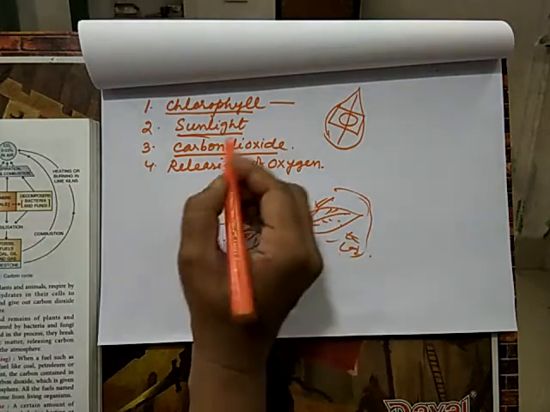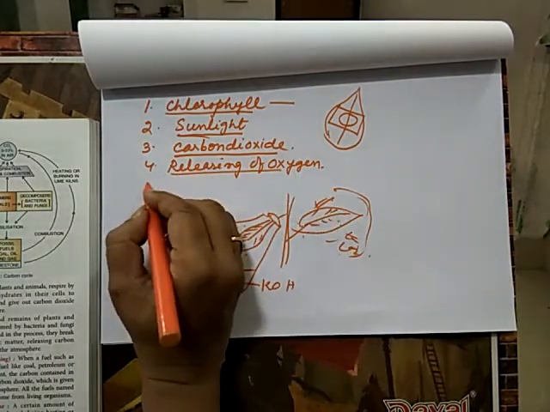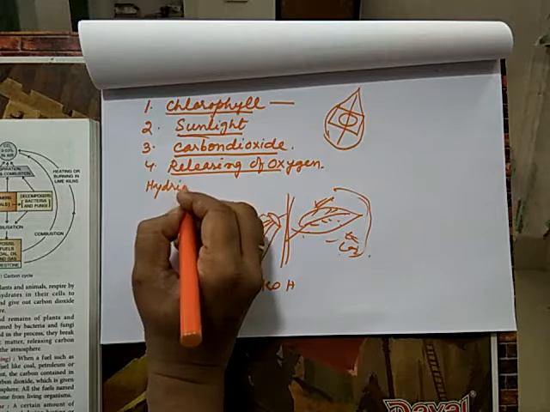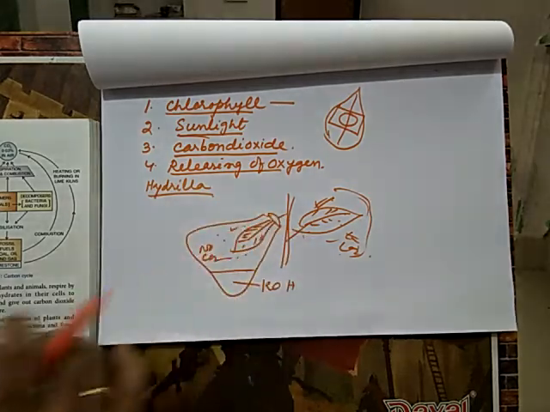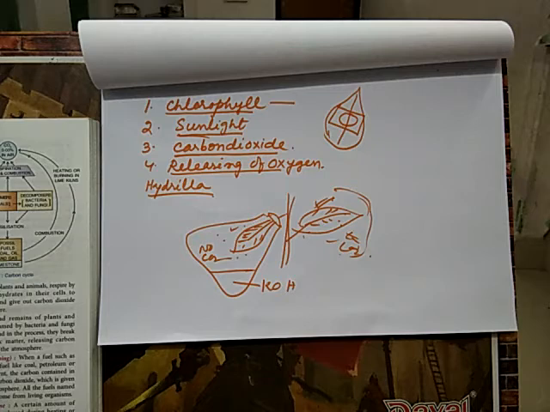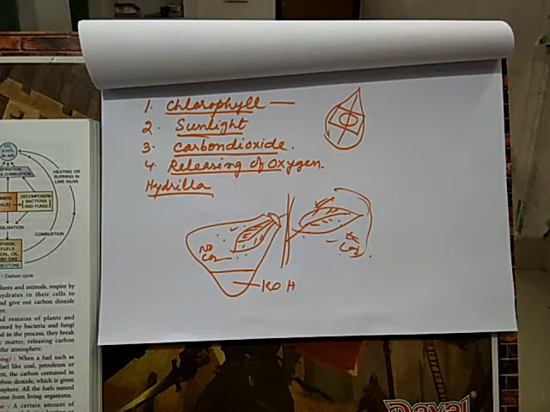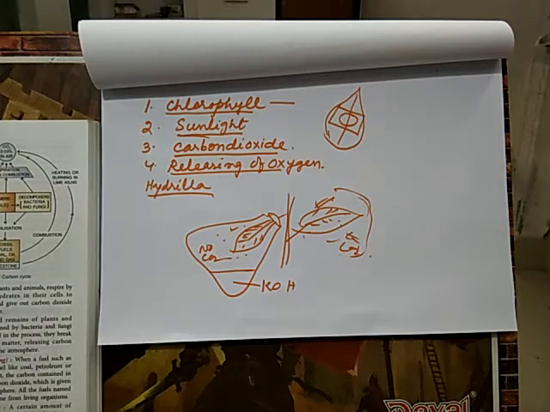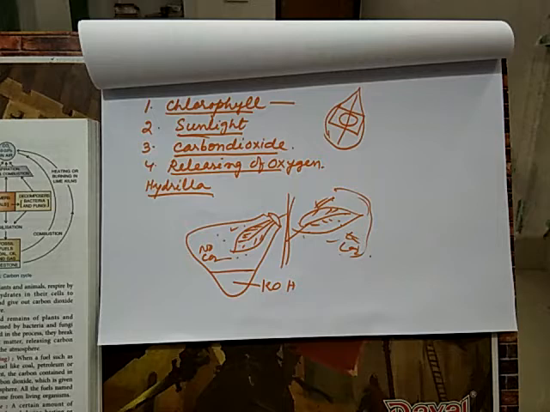The fourth one is the release of oxygen. We take Hydrilla plants. Hydrilla plants are very sensitive to sunlight, so placed in the arrangement given in figure 6.8, they immediately absorb the sunlight and start releasing oxygen, so very soon we can test it in the laboratory or outside in sunlight.